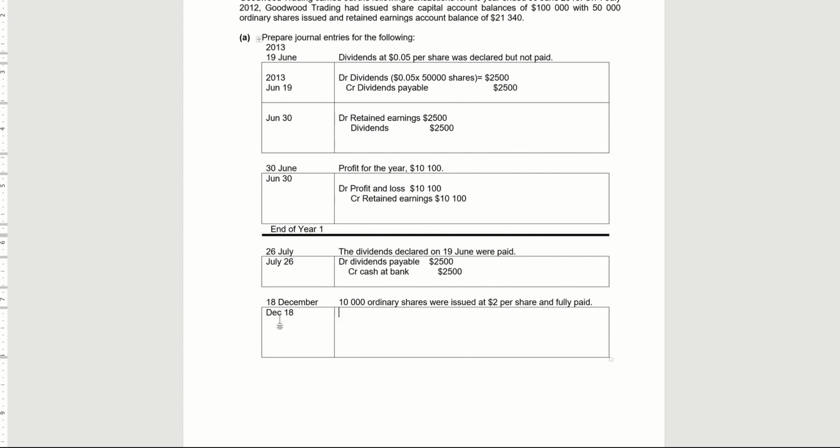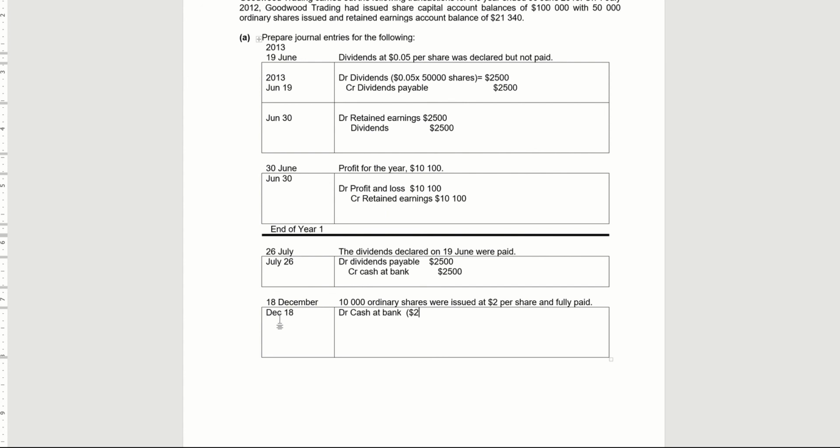What happened is the company is issuing, which refers to selling shares to the general public. So what do we debit and what do we credit? Since the shares were sold or issued, the purpose of doing that is trying to get funding. So we will debit cash at bank. How much should I debit?